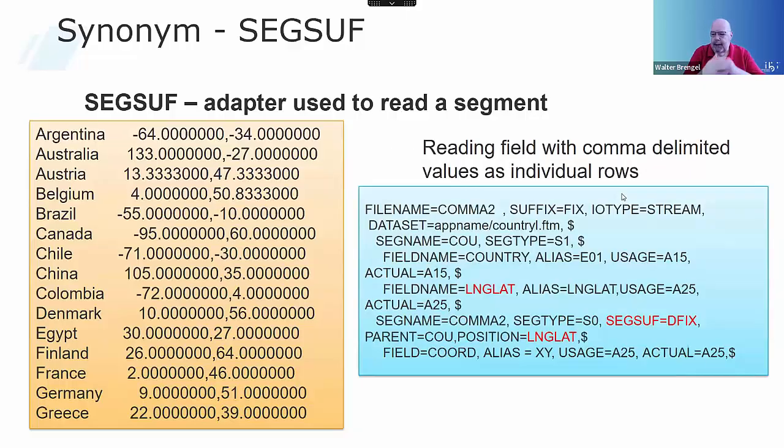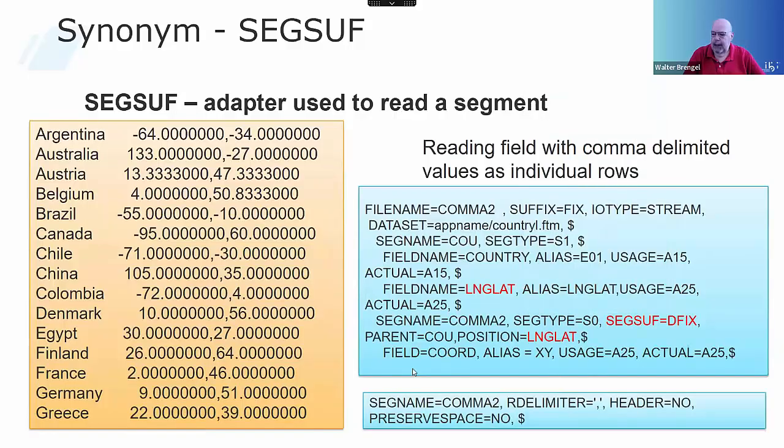So what I can do then is create a new segment, comma 2, say that that new segment has a seg suffix of defect. So I'm telling it it's a delimited fixed file. The parent is COU, and the position is LANG which is the full 25 characters.